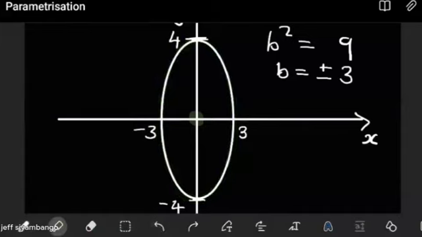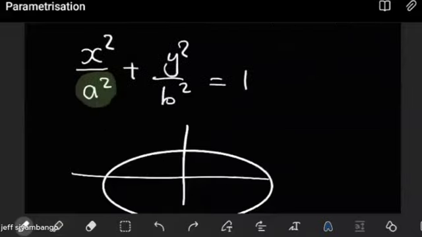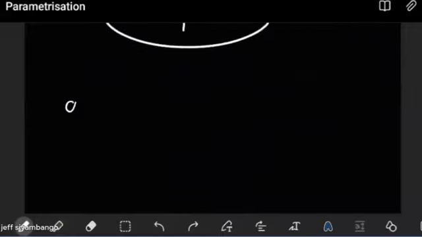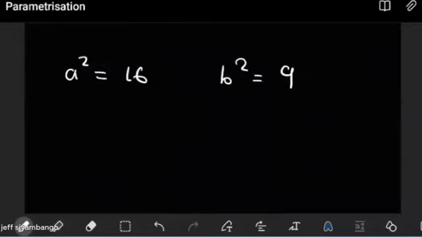Just in case we're asked to find the foci, how quick or easy is it with what we have? Seeing that we know what a squared is and that b squared is equal to 9, getting the foci is easy. The foci is given by c. For an ellipse, you know that b squared is equal to a squared minus c squared.